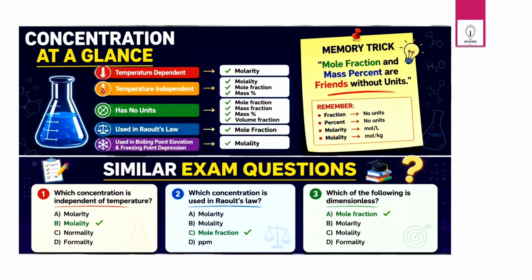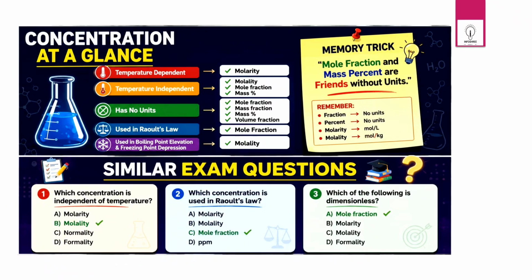Okay, what is temperature dependence now? In concentration at a glance, which are the things that depend on temperature? That is molarity only, because it involves a volume of a solution.